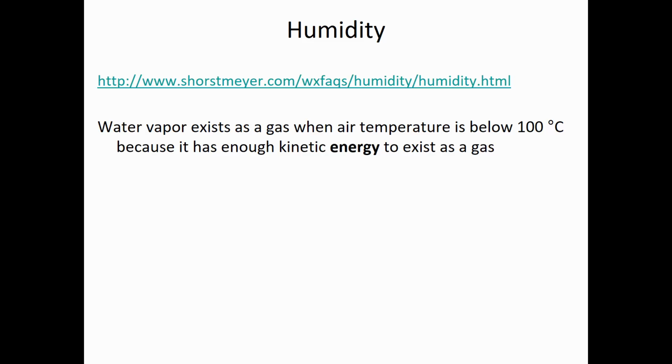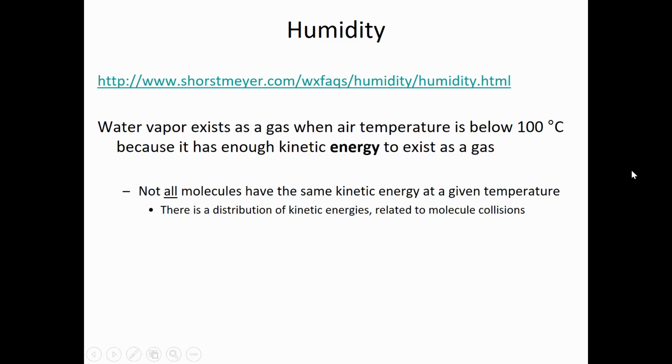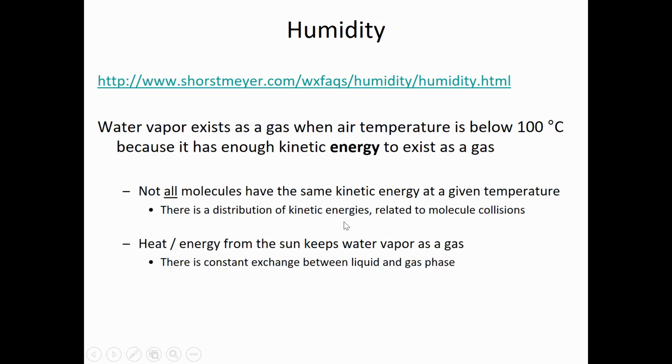But even before the vapor pressure exceeds the atmospheric pressure, there are going to be a fraction of the molecules with enough energy to escape. A distribution of kinetic energies.